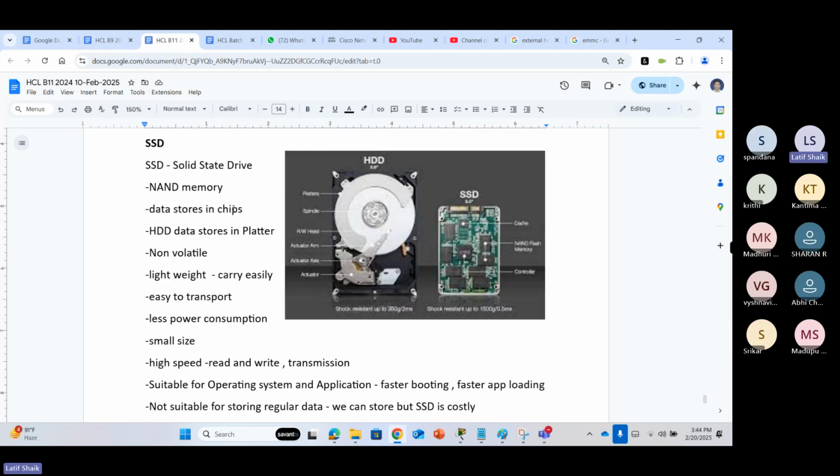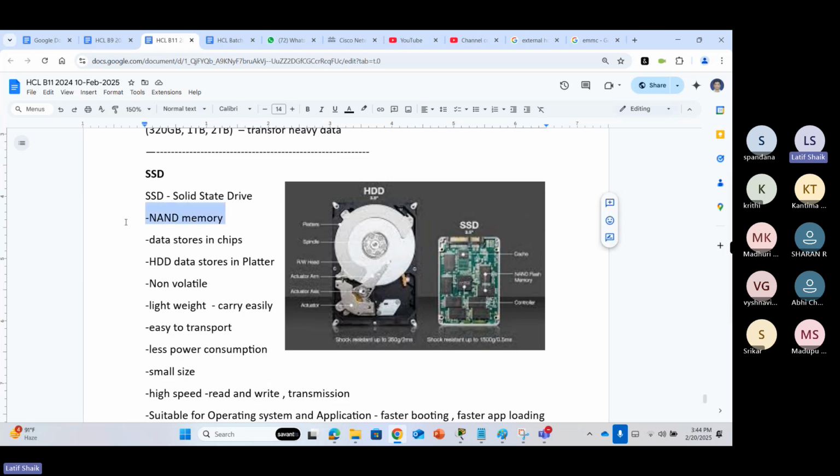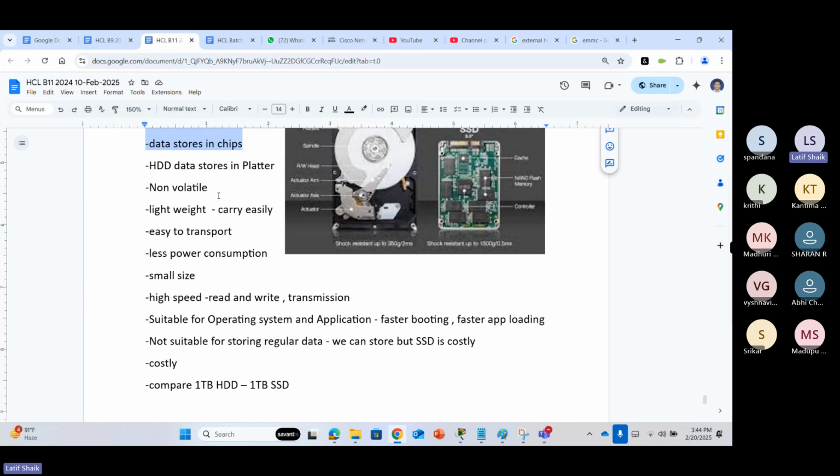Okay, this is about SSD, guys, solid state drive, NAND memory, data stored in chips, whereas a hard disk stores data in platters. Non-volatile, light in weight, easy to transport, smaller in size, lesser power consumption. It is mainly used for high-speed data read and write.